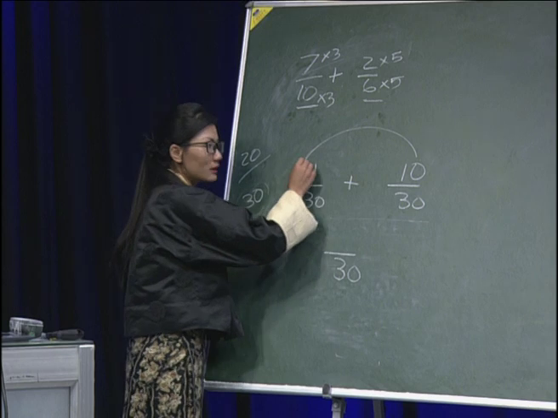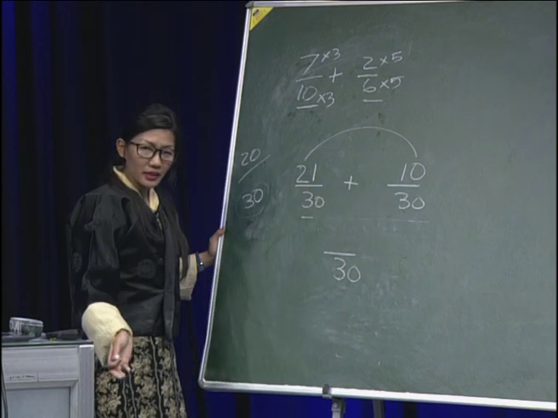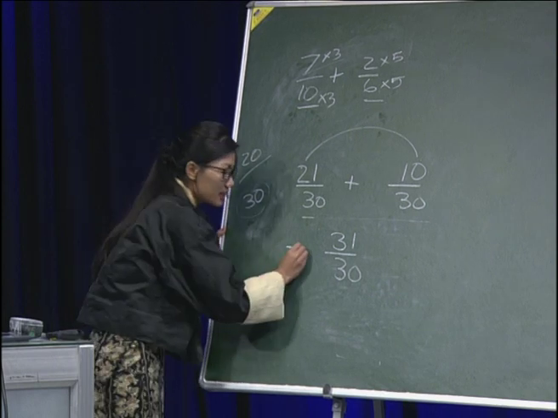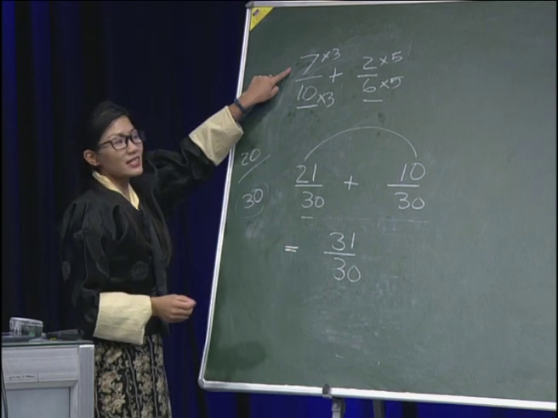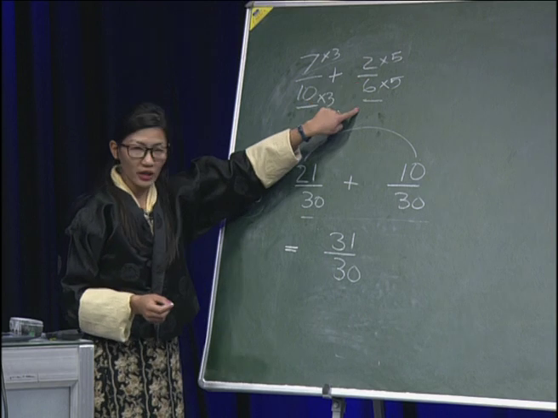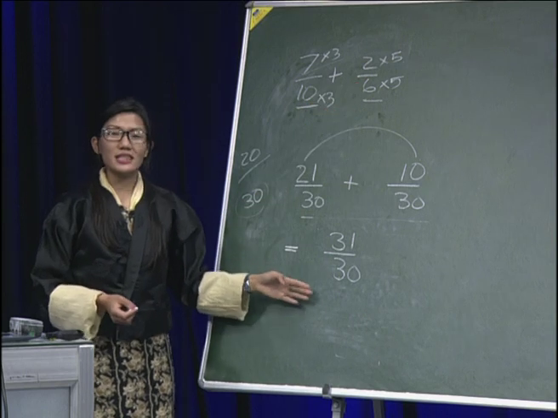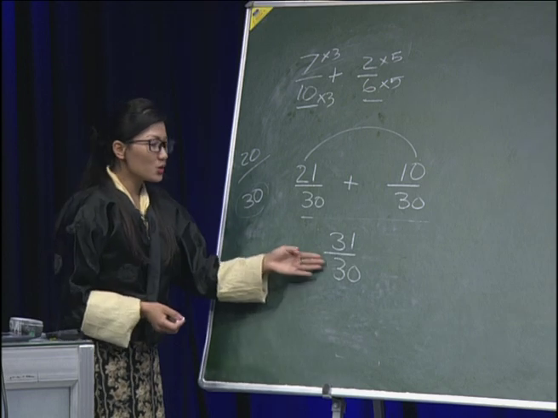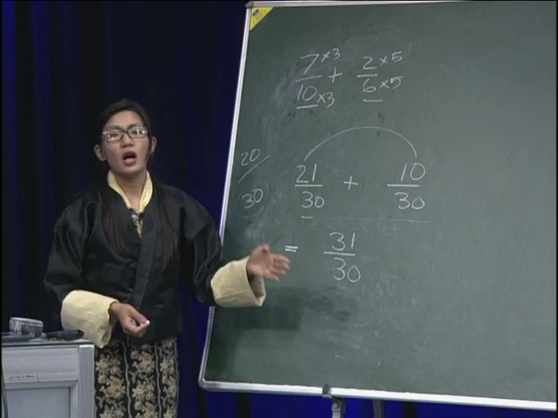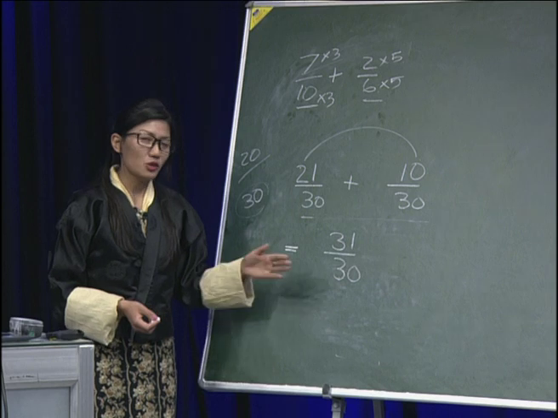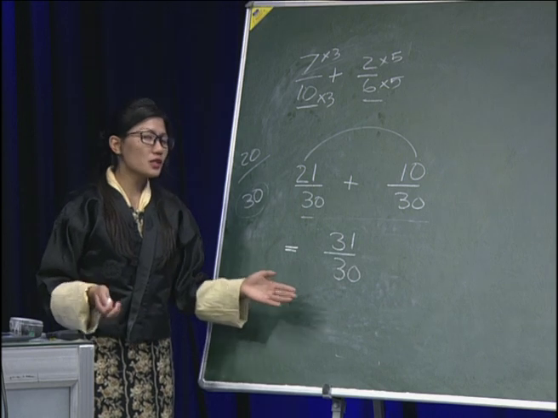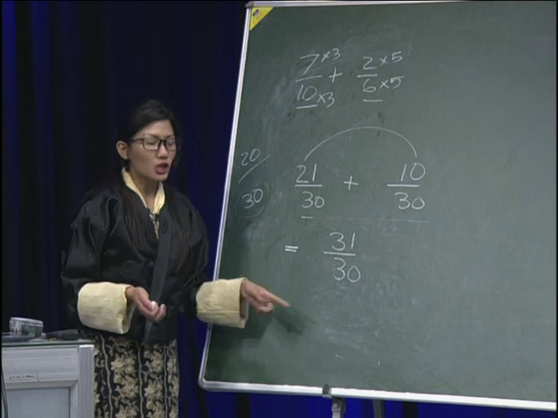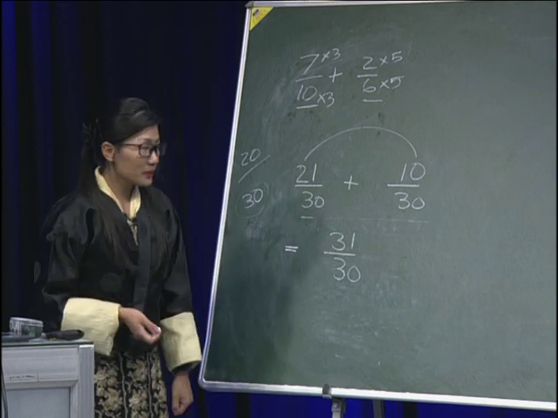So 21 plus 10 would be 31, right? So that is the answer. That is the sum of these two fractions. Now if you notice, this is an improper fraction, right? So what you can do is convert this into a mixed number. Can you try it yourself, please? Because we have already learned how to change an improper fraction to a mixed number, right?